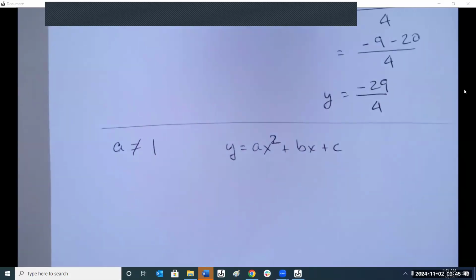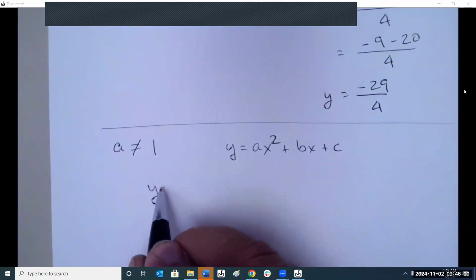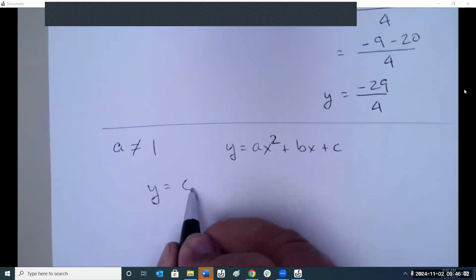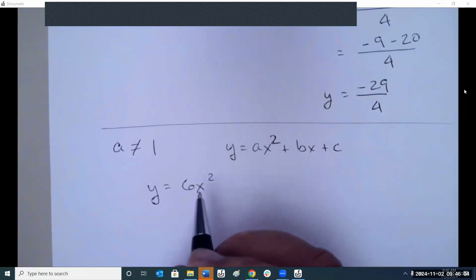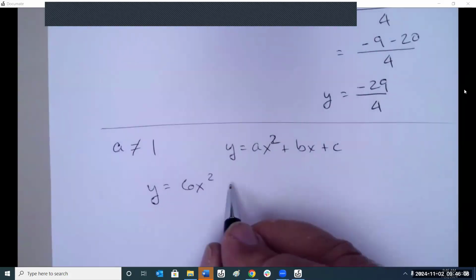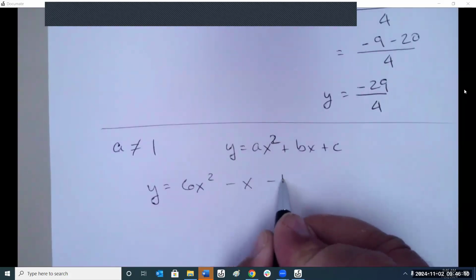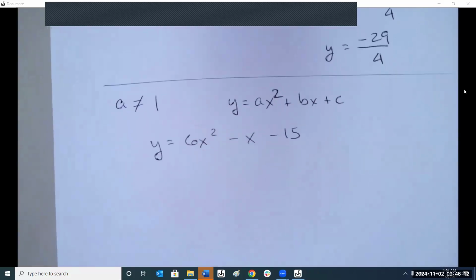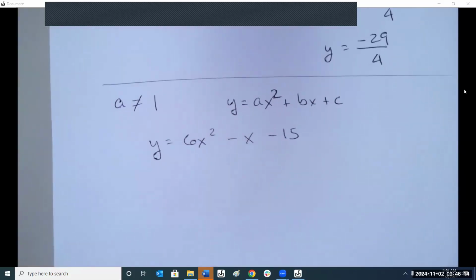Okay, what if we had this equation and we asked you to factor it out?